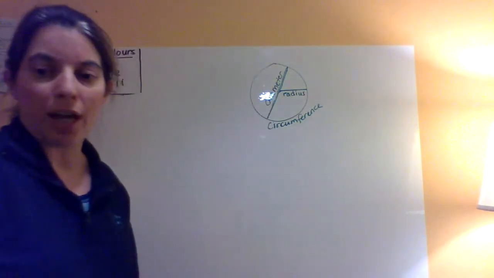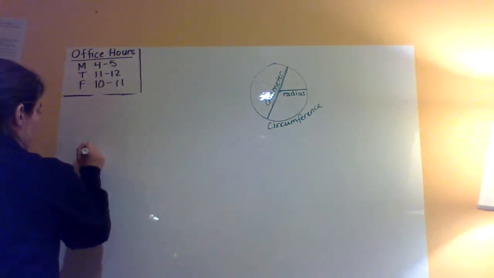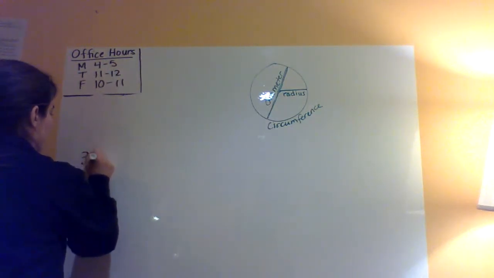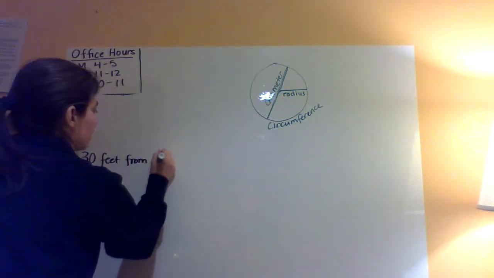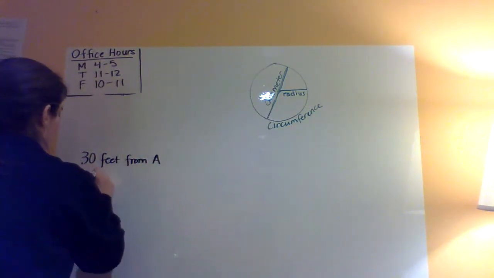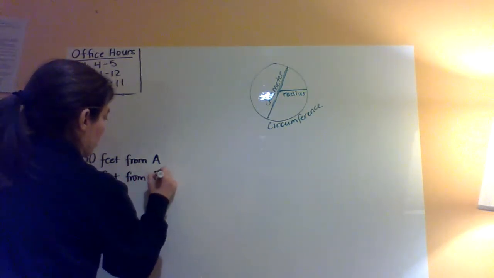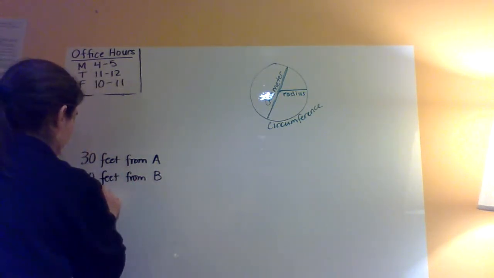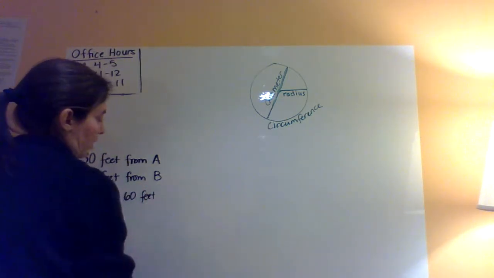And we're told on this treasure map that the treasure is 30 feet from point A, and it is 50 feet from point B. And from A to B, they are 60 feet apart. Okay.